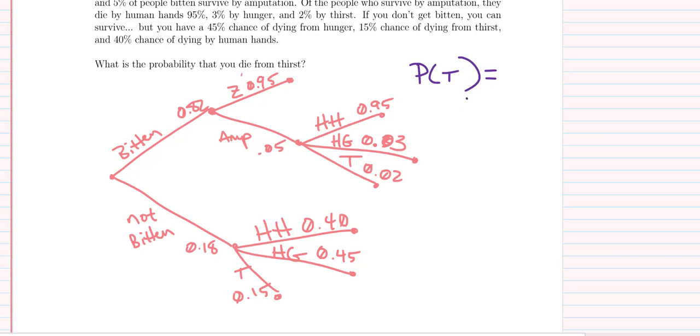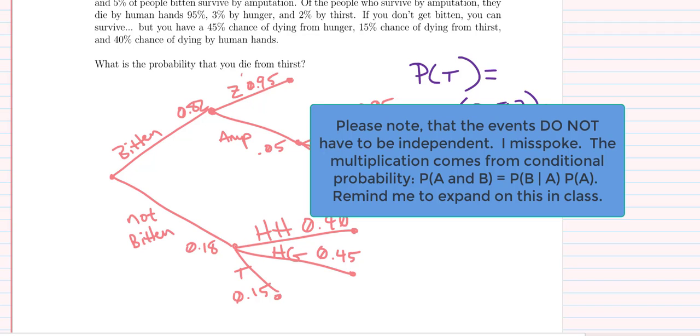Which tells me that we have 2 disjoint paths, either we're bitten or not bitten, which tells me that we add them together. And we're multiplying these because they're independent events and the intersection of it, right? Dying of thirst is the intersection of these 3 events occurring.